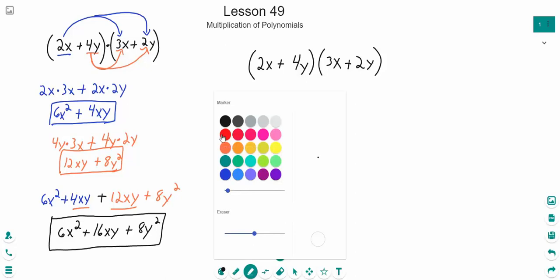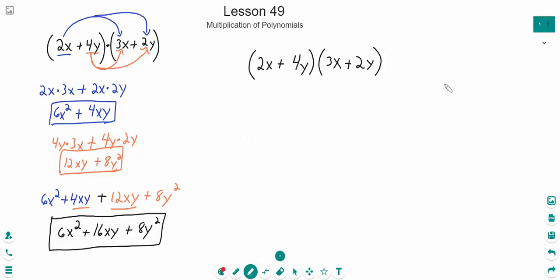And then I am going to show you now a word that is going to help us remember how to multiply these. And the word is, wait for it, FOIL. Okay? FOIL. FOIL.